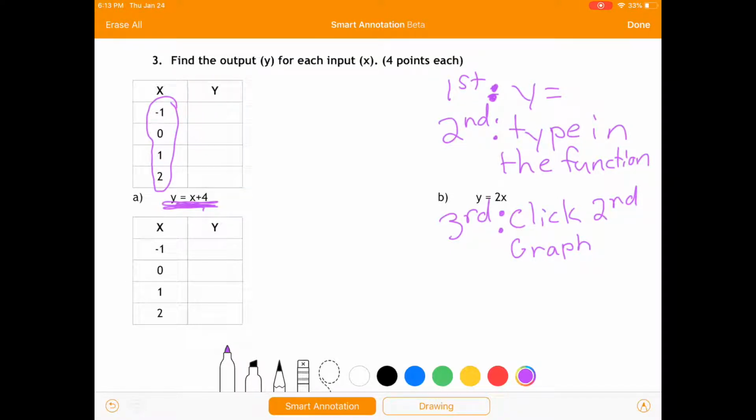For the first one, and this is what I'm doing as I'm telling you, I'm plugging in that -1 and then adding 4. So this should be 3. This should be 4. This should be 5. This should be 6.